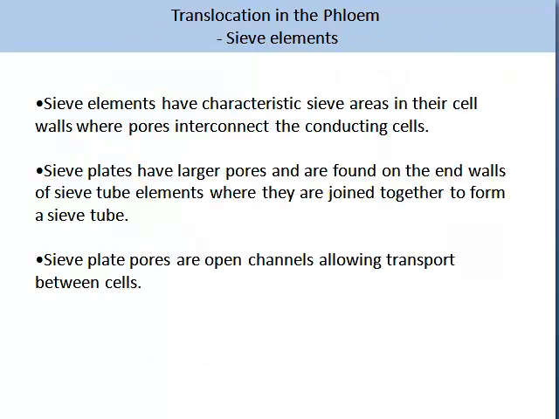Sieve elements have characteristic sieve areas in their cell walls where pores interconnect the connecting cells. Sieve plates have larger pores and are found on the end walls of the sieve tube elements where they are joined together to form a sieve tube. Sieve plate pores are open channels allowing transport between cells.